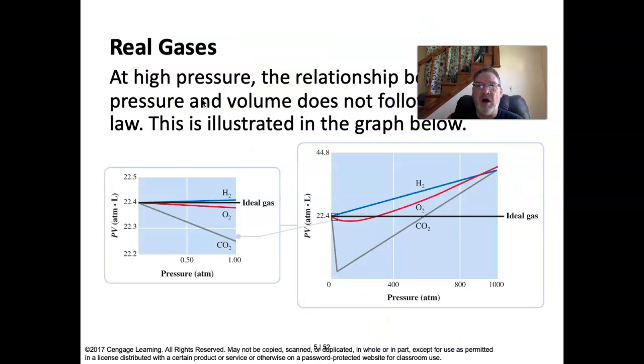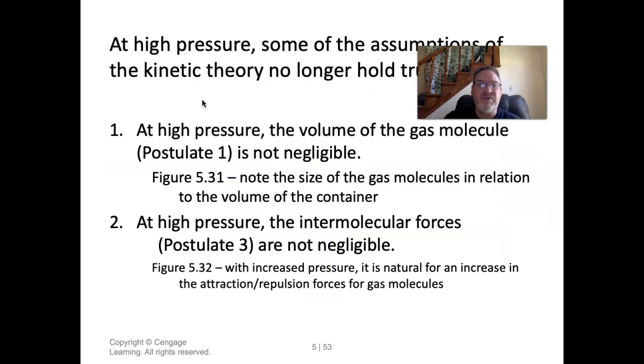Ideal gases are at conditions that we're at right now. Real gases, higher pressures, higher temperatures. How does a gas act at those conditions? That's what a man by the name of Johann van der Waals studied. One of the things we have to take into consideration is that at higher pressures, the volume of the gas molecules comes into play.